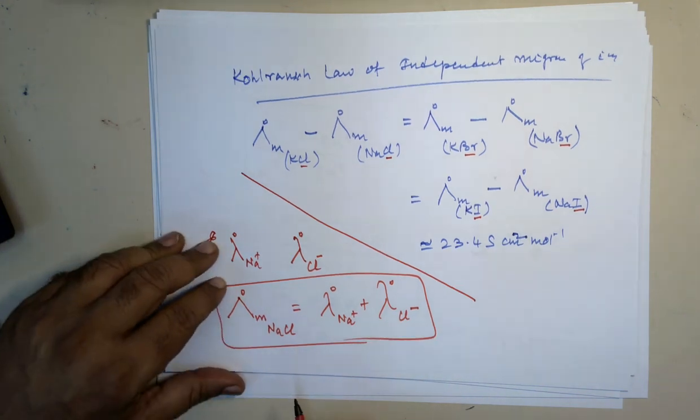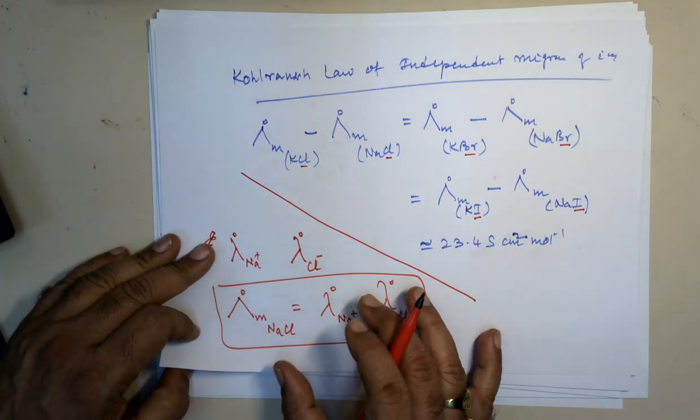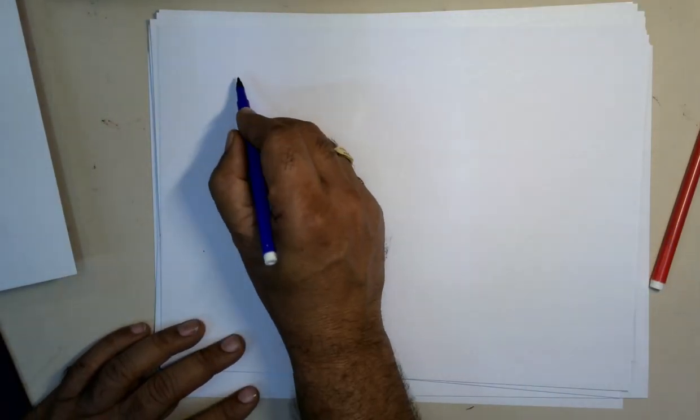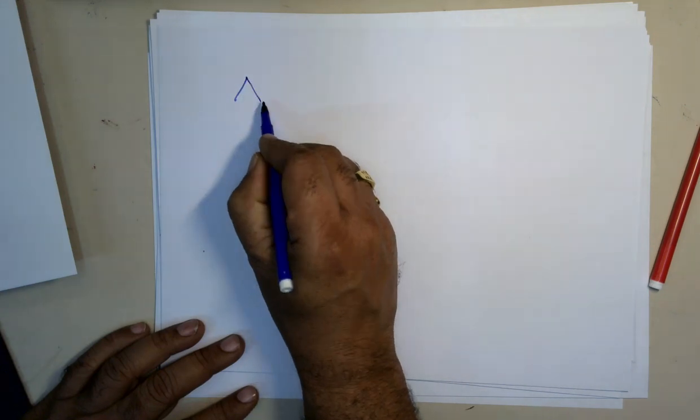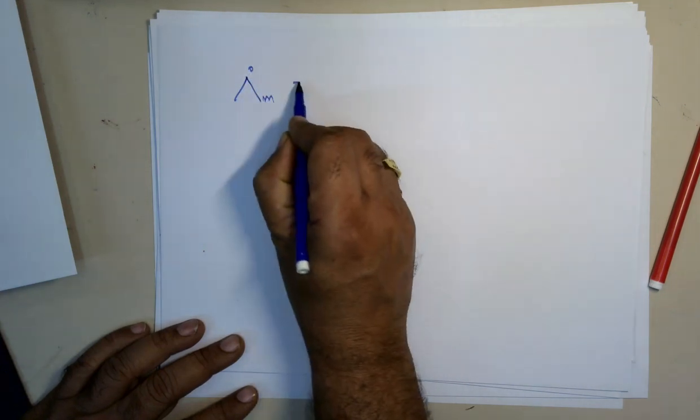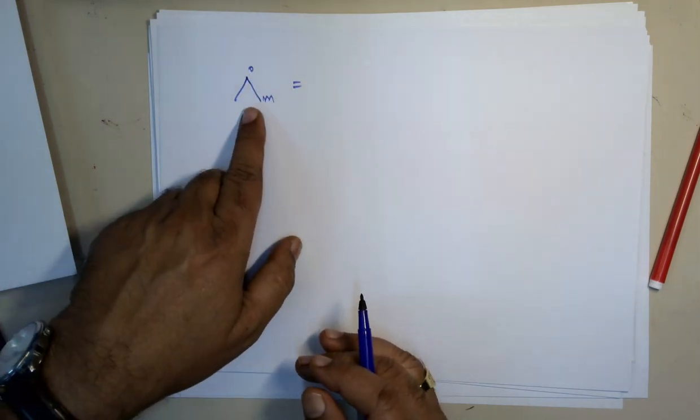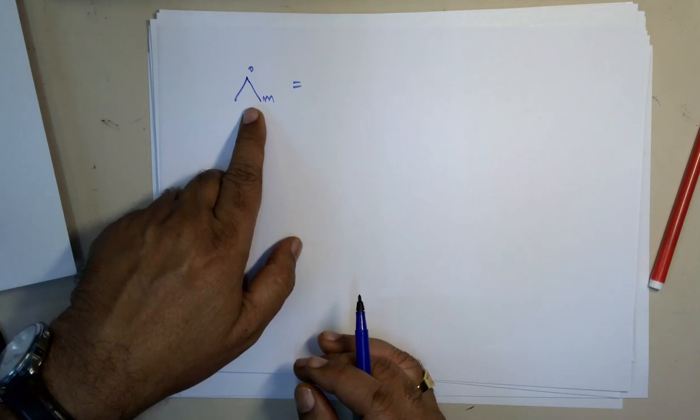And if we want to generalize, we can do it. How? For example, take down. I am taking any electrolyte.